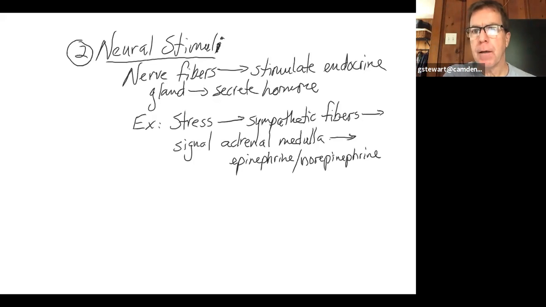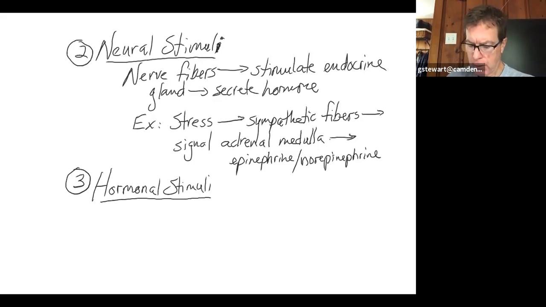Finally, number three, the third thing that can stimulate an endocrine gland to synthesize and release a hormone is a hormone itself. So we have covered humoral stimuli, just means the level of something in the blood. Neural stimuli, nerve fibers can act on an endocrine gland to synthesize and release a hormone. And finally, another hormone can do that.